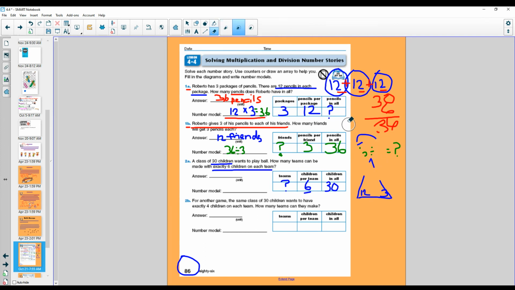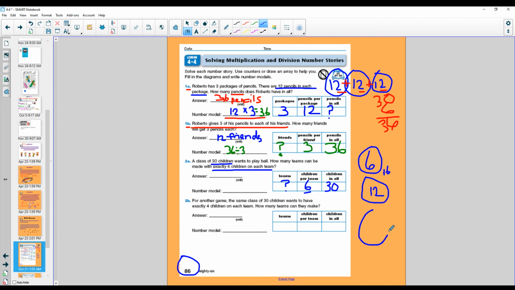I'm going to erase over here so I have more room to draw a picture. All right, so here's one team. That's of 6. Here's another team. What's 6 plus another 6? You got it, 12. All right, let's do another team. That's another 6. So what's 12 plus 6? 18.